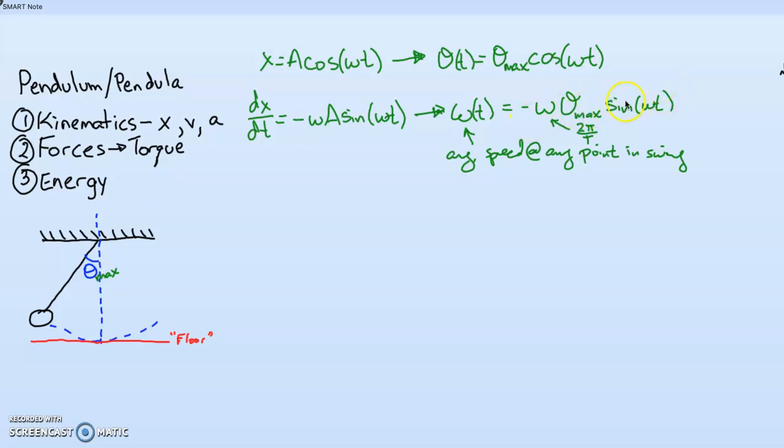No, how many swings it does per second. I agree this is annoying.